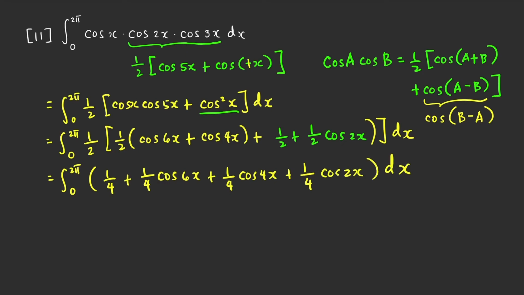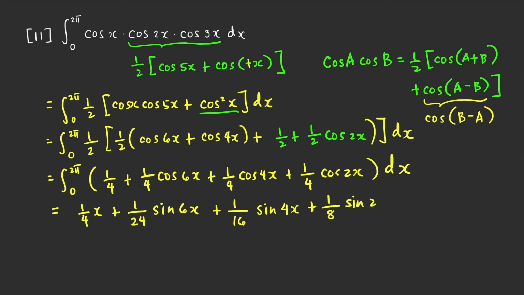And we can easily find antiderivative of this integrand. So we have here 1/4 x plus you have here 1 over 4 times 1 over 6, so that is 1 over 24 sine of 6x, and then plus 1 over 16 sine of 4x, and then plus 1 over 8 sine of 2x, evaluated from 0 to 2 pi.